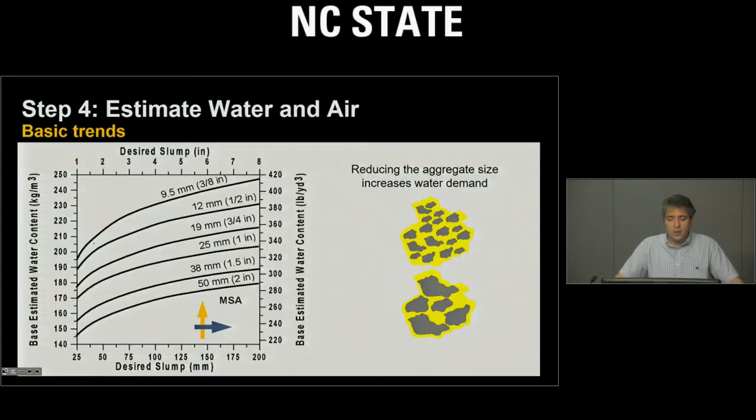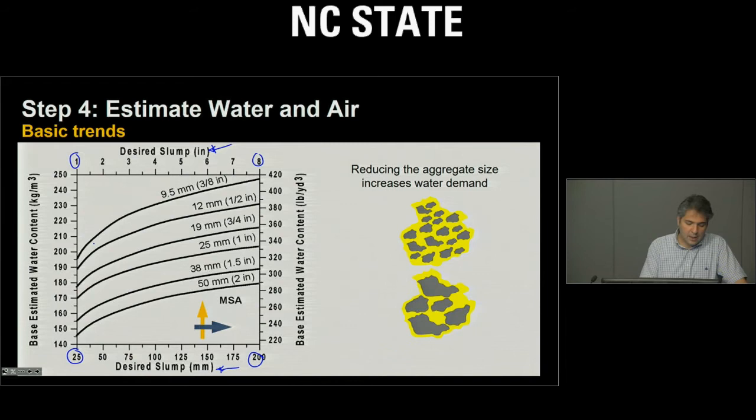All right, so let's talk about these basic trends that come from the ACI table. On the x-axis you see the desired slump in millimeters. On the x-axis on top you see exactly the same information, desired slump in inches. And of course, 1 inch, we know it is 25 millimeters, and 8 inches is 200 millimeters. So it is exactly the same information provided.